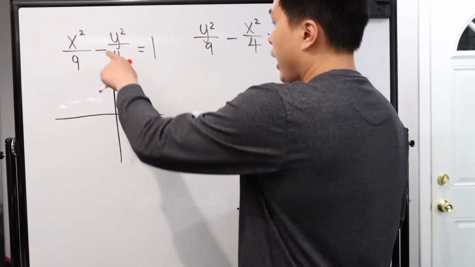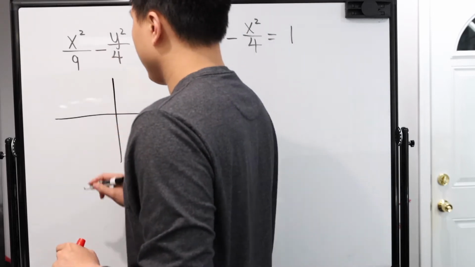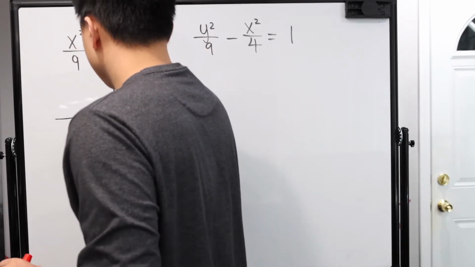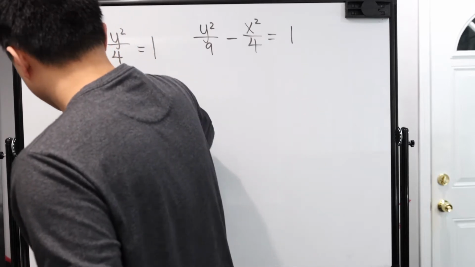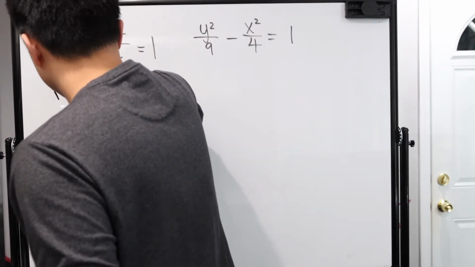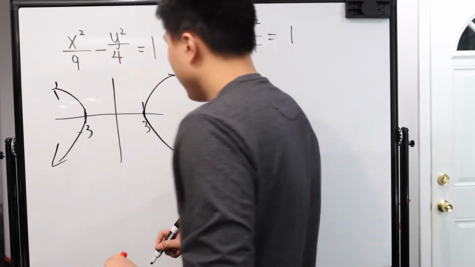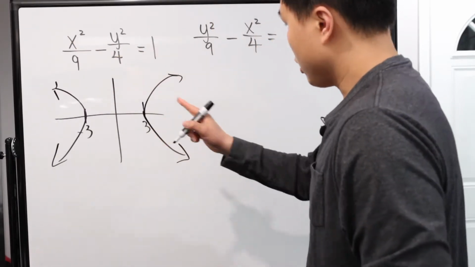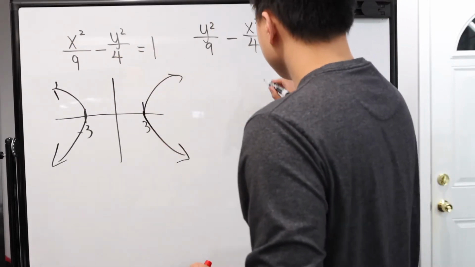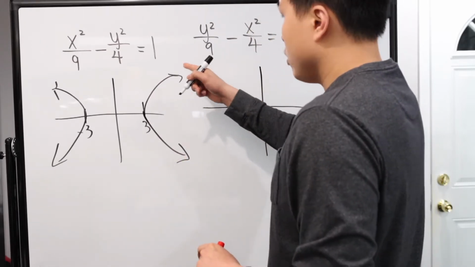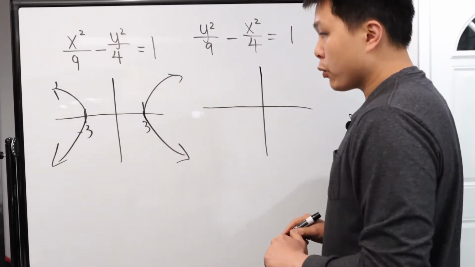But basically, at least for this one right here, the hyperbola is going to look something along the lines of this, and this is -3. Of course, this is not drawn to scale or accurate in any way. For this other one, it's the same thing with the numbers, except the x squared and the y squared flip.